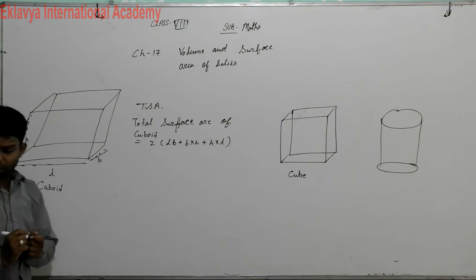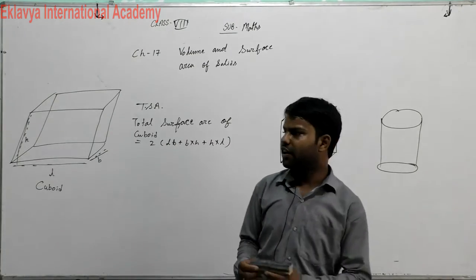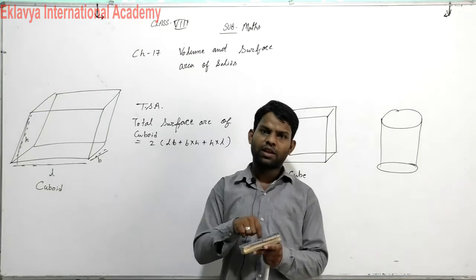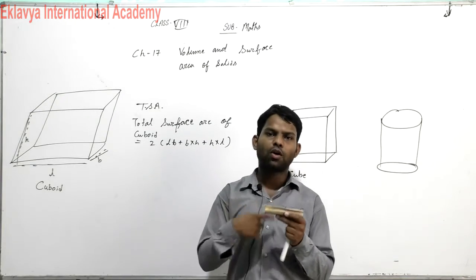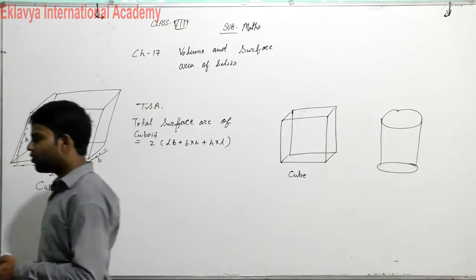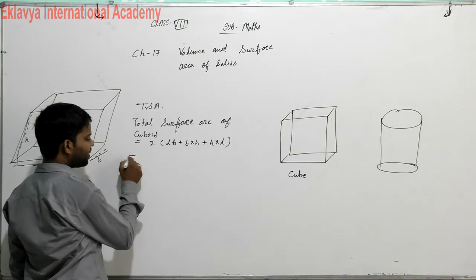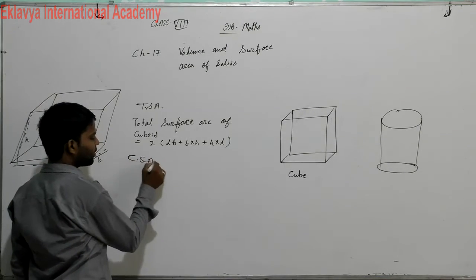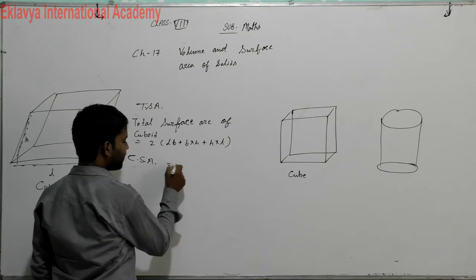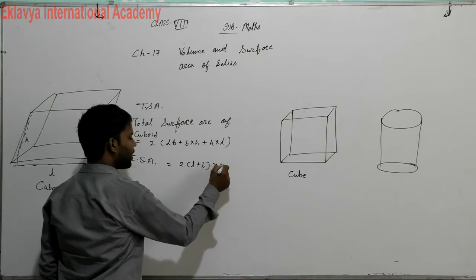Now if we want to find the cover surface area, CSA, of this cuboid, it covers these 4 sides, not all sides. We do not want all 6 sides. So the cover surface area of the cuboid is 2 bracket L plus B multiplied by height.